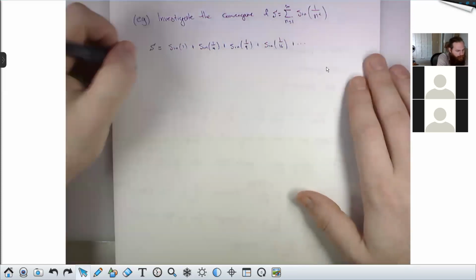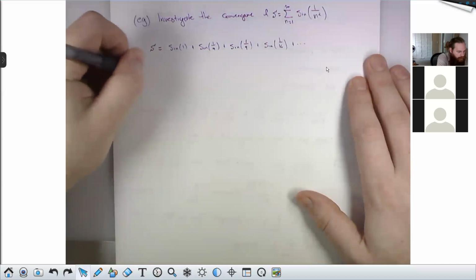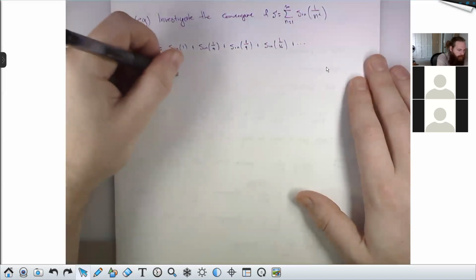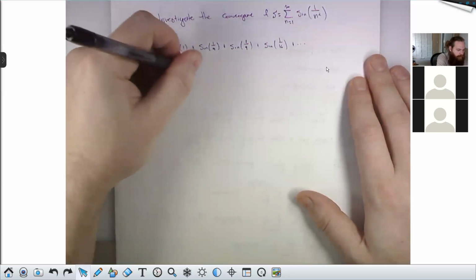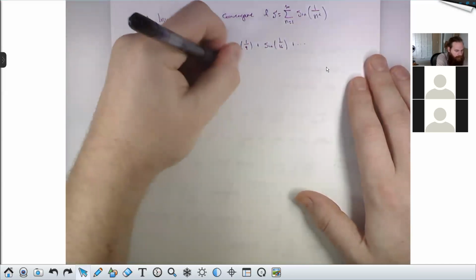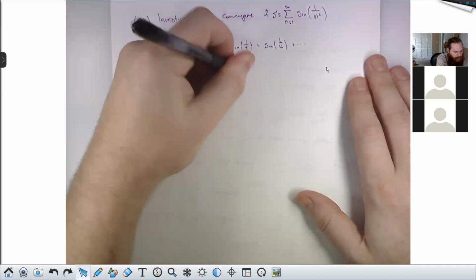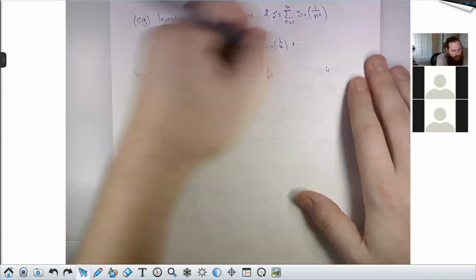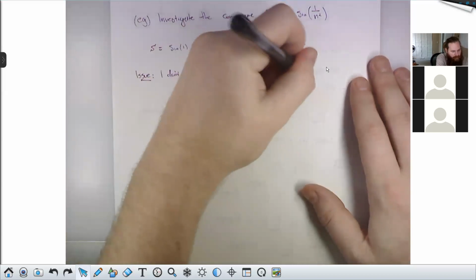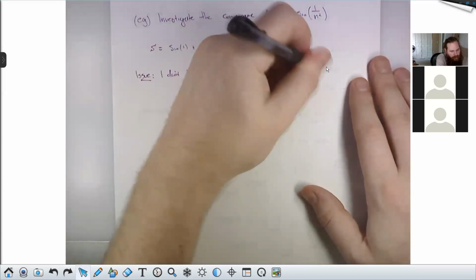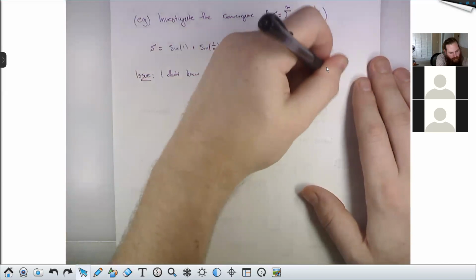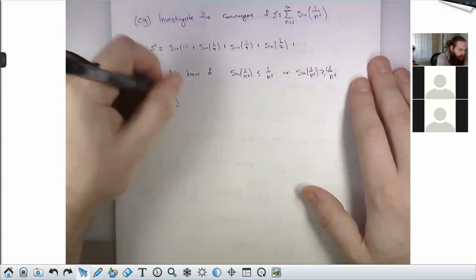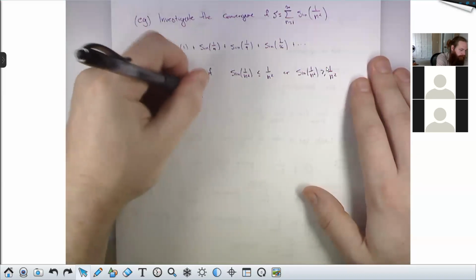So the issue here is I don't know if sine 1 over n squared is smaller than 1 over n squared, or sine 1 over n squared is bigger than 1 over n squared, or maybe neither is true.